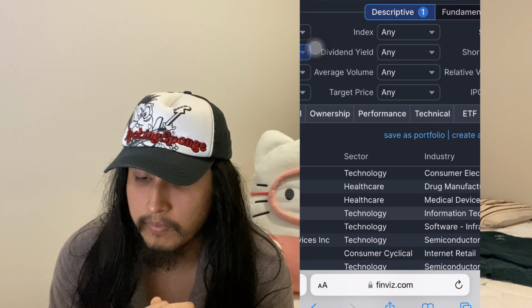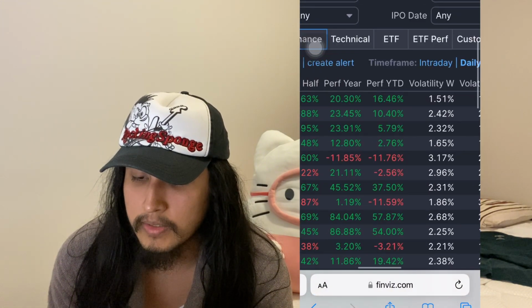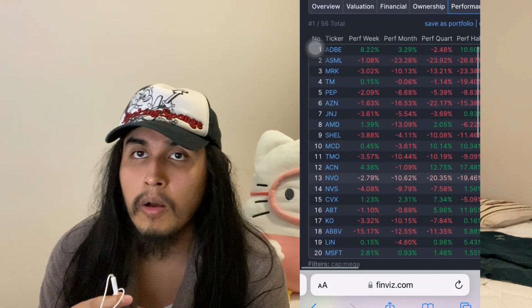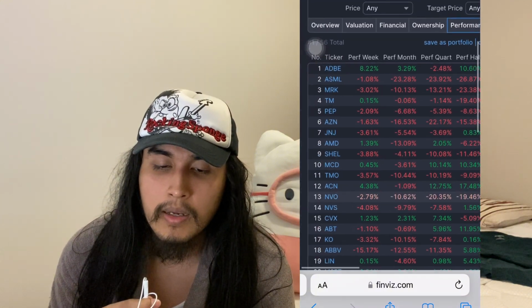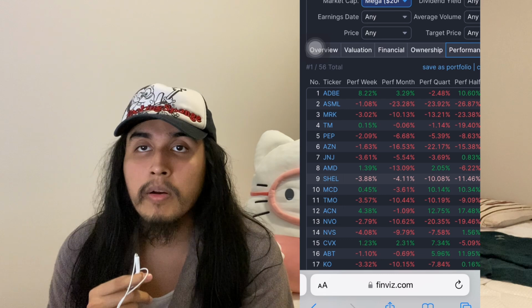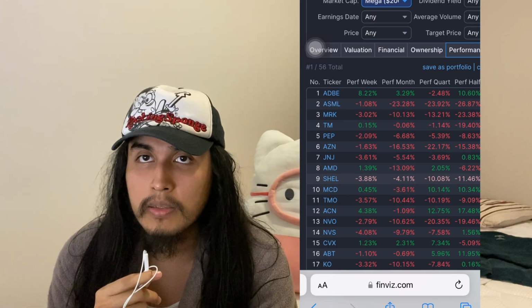Then click where it says performance, click performance YTD, and it's going to show you all of the stocks from worst to best. I chose Adobe because it was the number one worst performing mega cap stock currently.